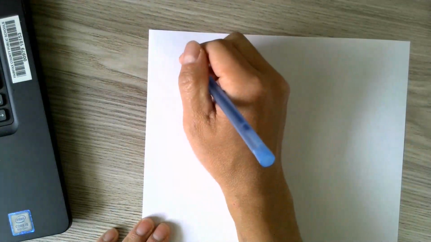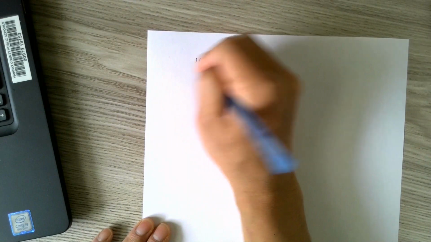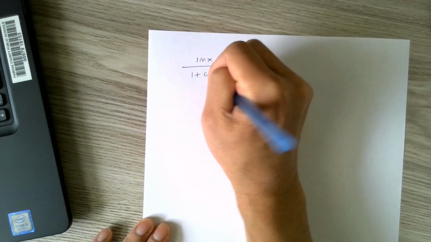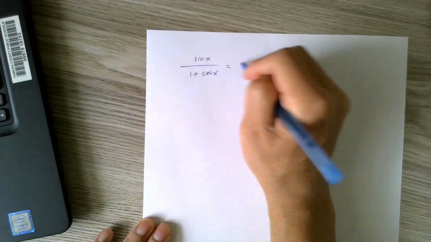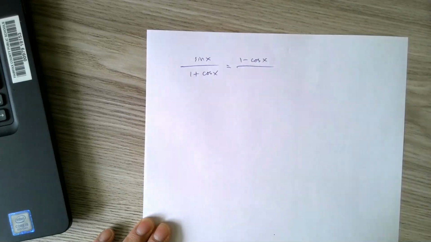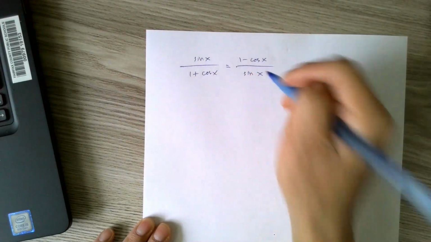Okay, second example. We're going to prove that sine of x over 1 plus cosine of x equals 1 minus cosine x over sine of x.